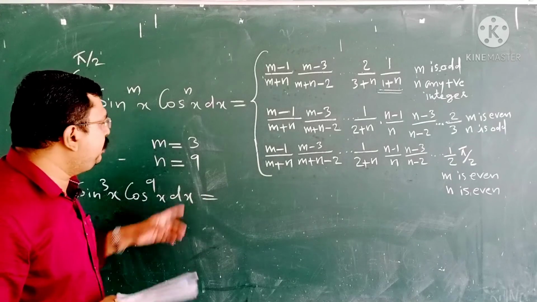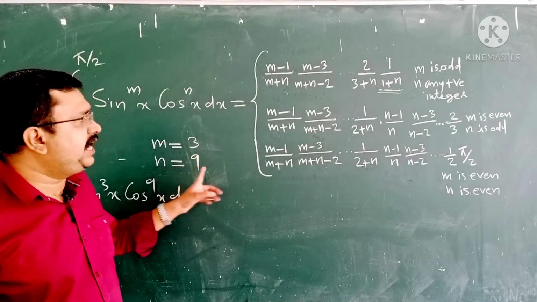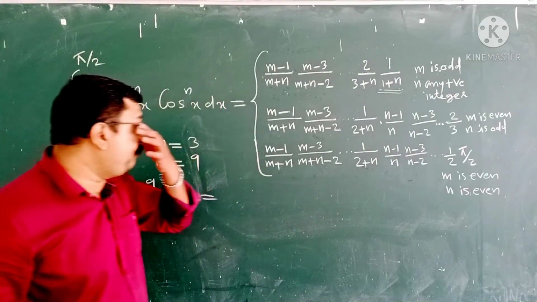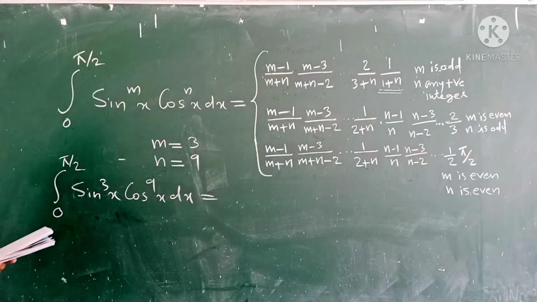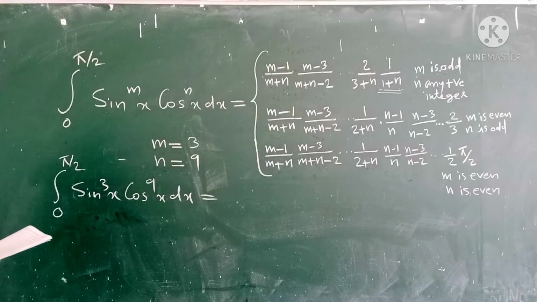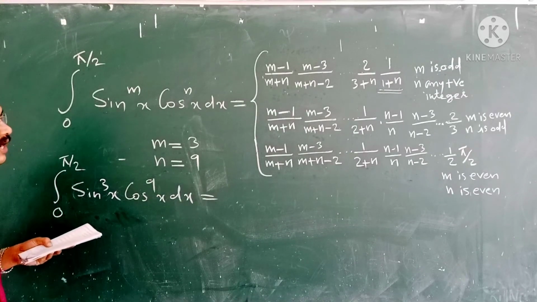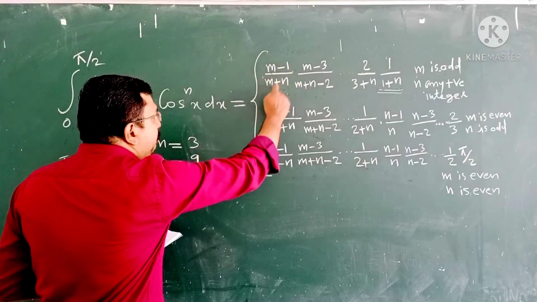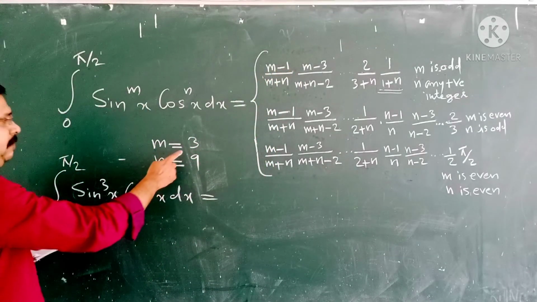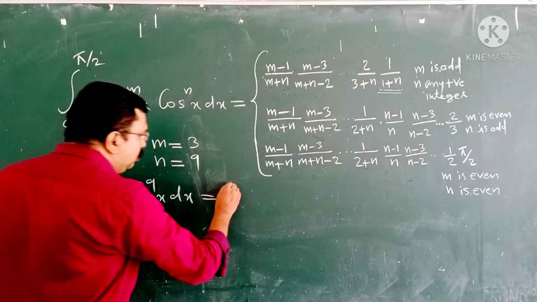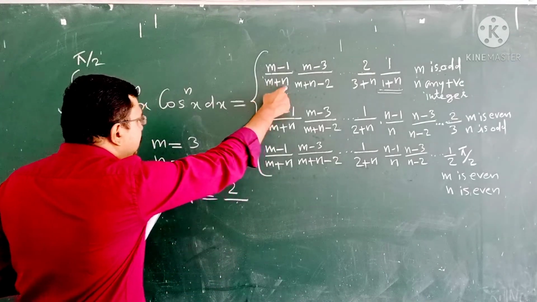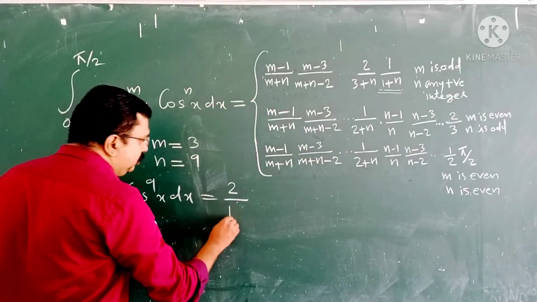M is an odd number, n is 9, a positive integer. Therefore, here we are applying the first case. First you may find m minus 1 by m plus n. M minus 1 is 2. 2 by m plus n, 3 plus 9, 12.